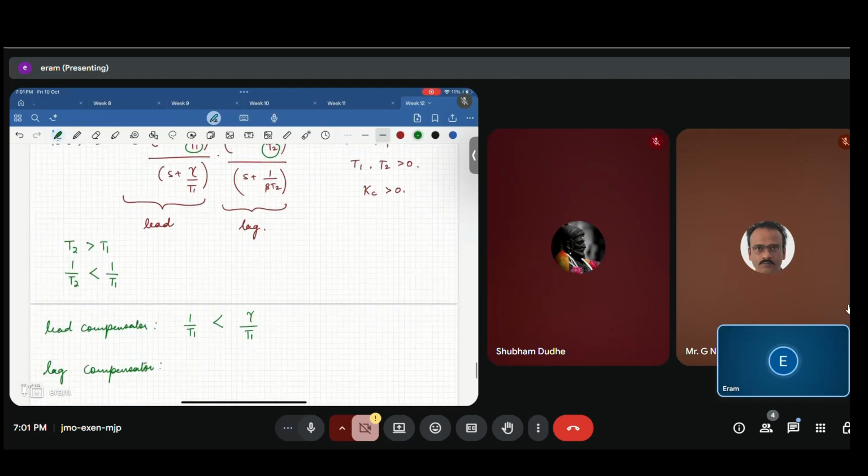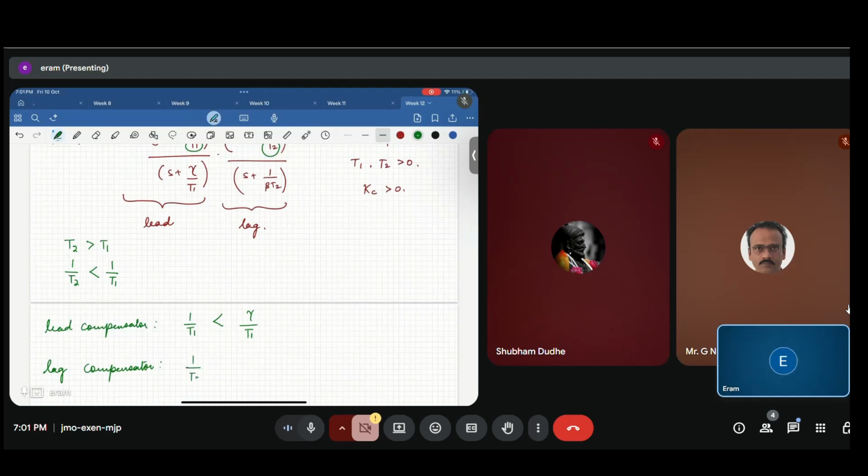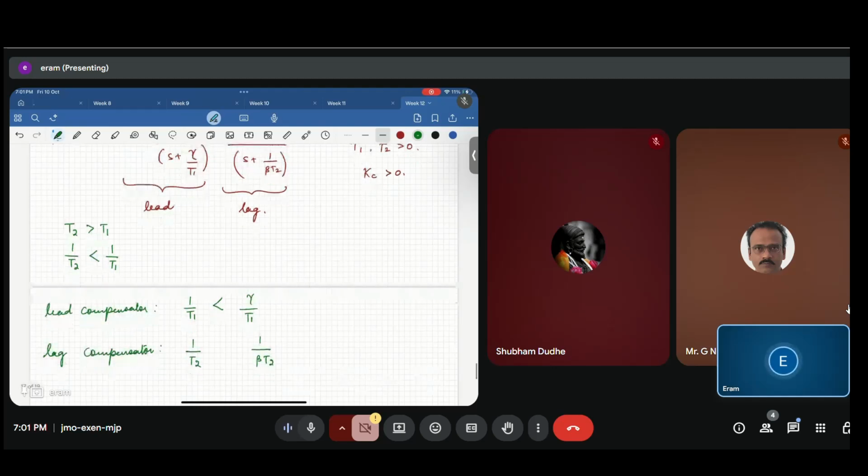For a lag compensator we have corner frequencies at 1 by T2 and 1 by beta T2. For beta greater than 1, which will be higher? Your 1 by T2 will be greater than 1 by beta T2.